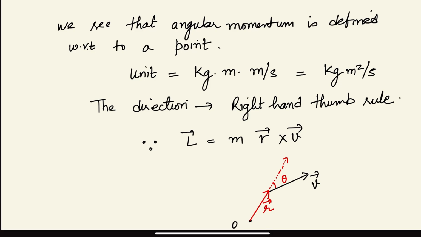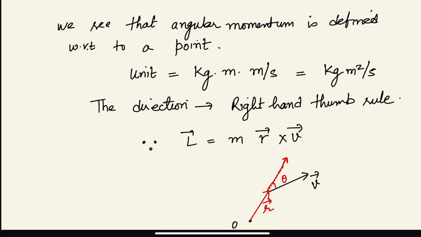The r cross v direction will be like this: you place your hand on the radius vector and curl your fingers towards the velocity vector.